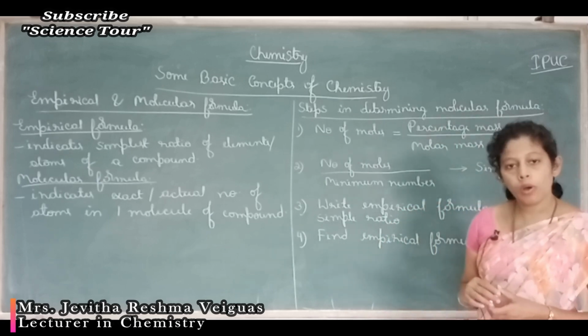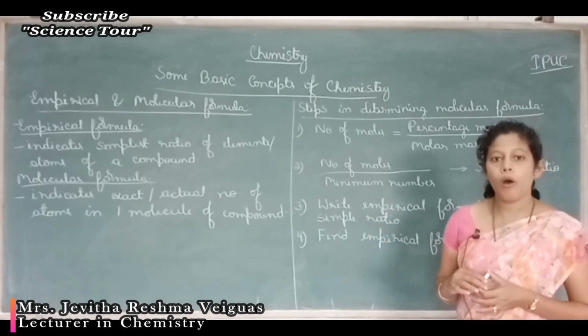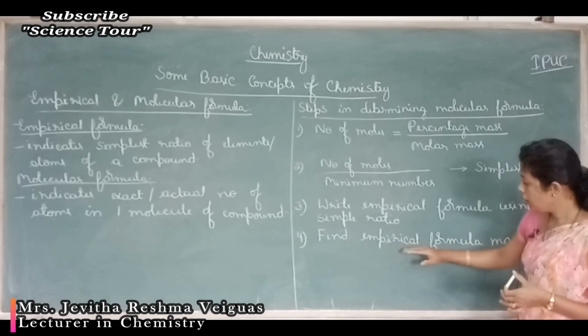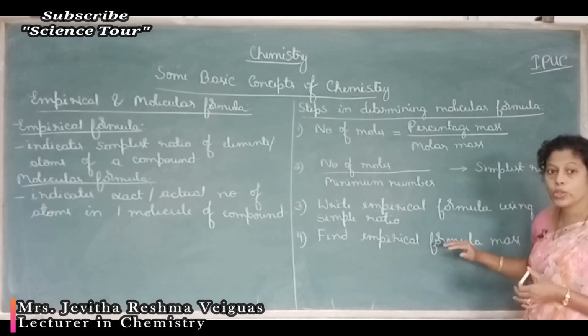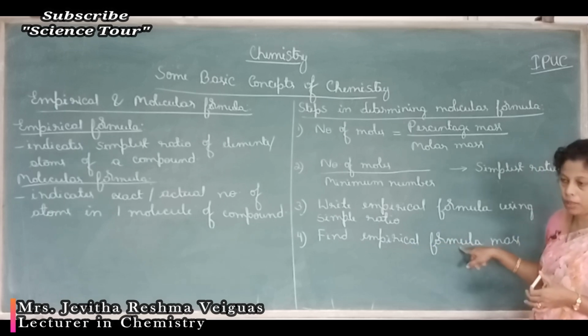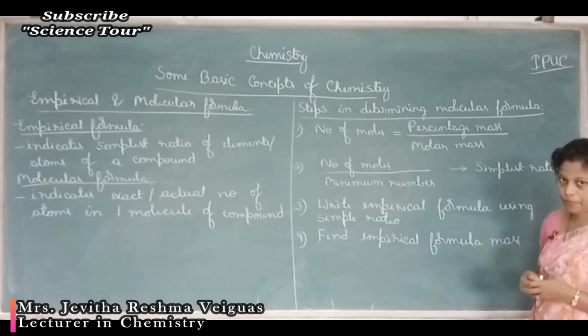When we calculate molecular mass, we add the atomic masses of all the atoms. In the same way, add the atomic masses of all the atoms indicated by the empirical formula, which will give you the empirical formula mass.